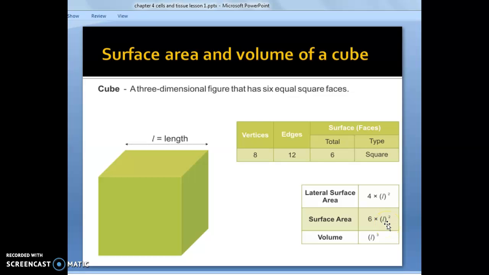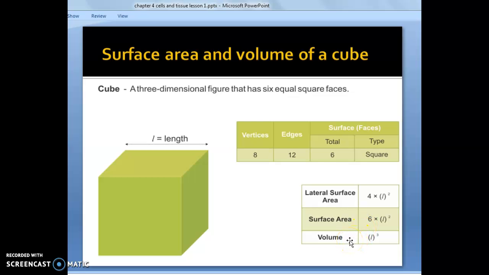L is the length of one side. We take the square of L and multiply it by 6 because it has 6 faces.